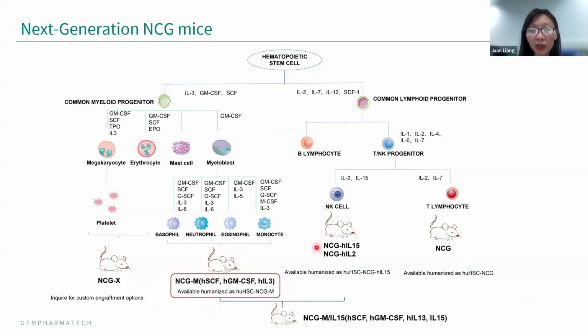We also generated the IL-15 and IL-2 humanized mouse models in the NCG immunodeficient mice. This mouse strain can help generate NK cells. And when we breed these two mouse strains together, we get the NCGM IL-15 mouse strain. This strain has the cytokines that can support myeloid cell development and also NK cell development.